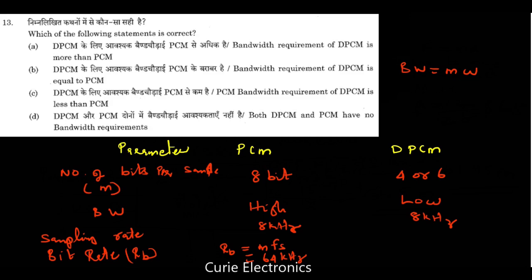Please find out yourself. So what is the answer? The bandwidth requirement of DPCM is less than PCM. The answer is option C.